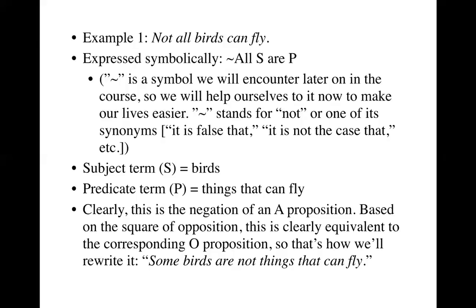So that's how we'll rewrite it: "Some birds are not things that can fly." You see how that says the same thing. What does it mean to say that not all birds can fly? It would mean that there are some birds that can't fly, or some birds that are not things that can fly.